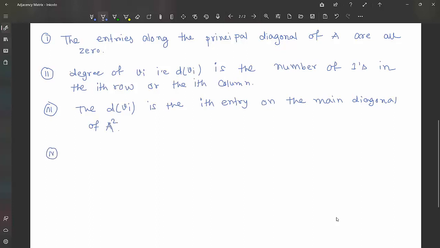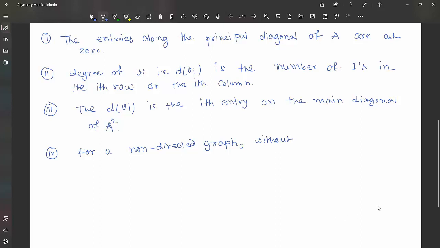And number 4: for a non-directed graph without self loop and parallel edges, the adjacency matrix is symmetric. We already wrote the heading, because we are observing all these properties for this type of matrix, but we are writing it again.